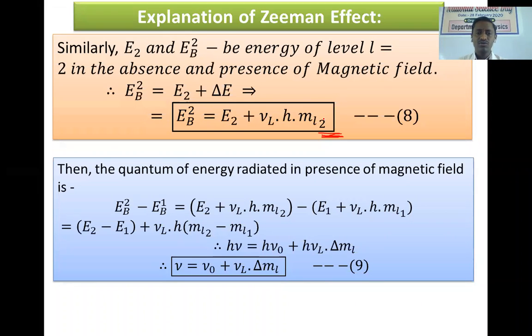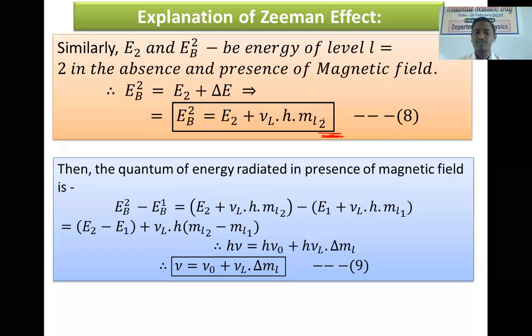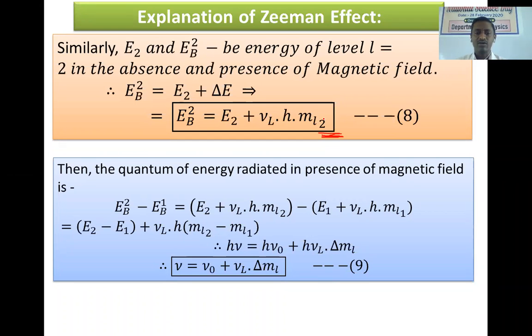Now whenever we want to study the splitting of spectral lines, we must show the spectral line or energy of the spectral lines. So the quantum of energy radiated in presence of magnetic field will be, now we have two energy levels here.